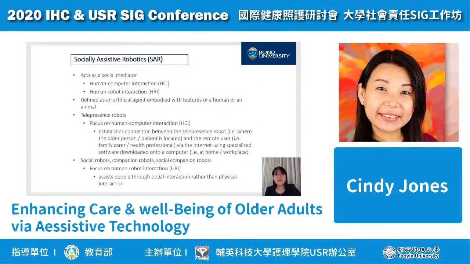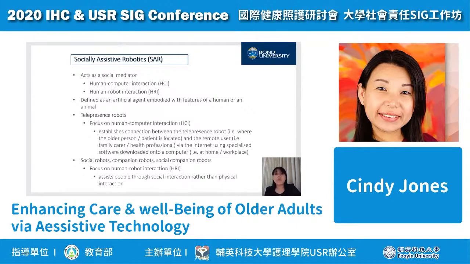Let me talk a little bit more about socially assistive robotics. Socially assistive robotics acts as a social mediator for human-computer interaction as well as human-robot interaction. Basically, socially assistive robotics is defined as an artificial agent that is embodied with features of a human or an animal.